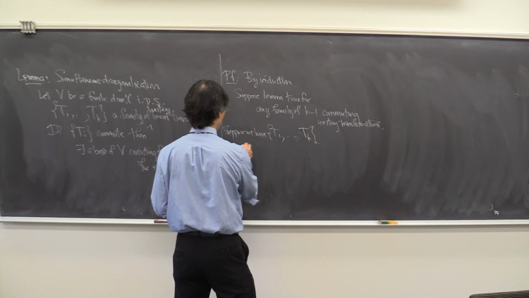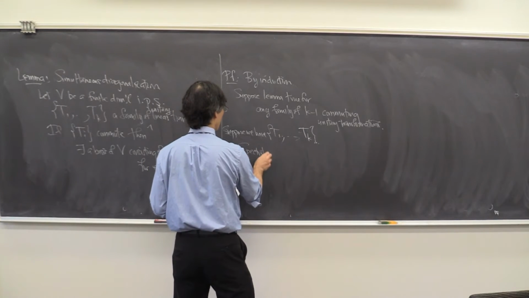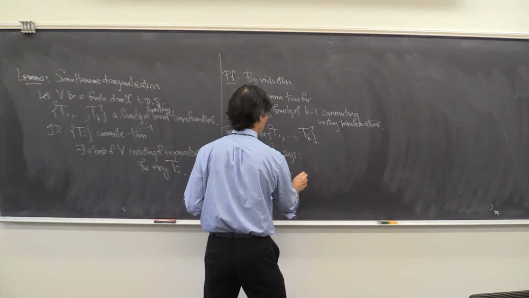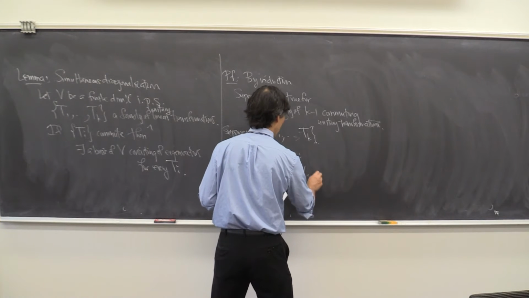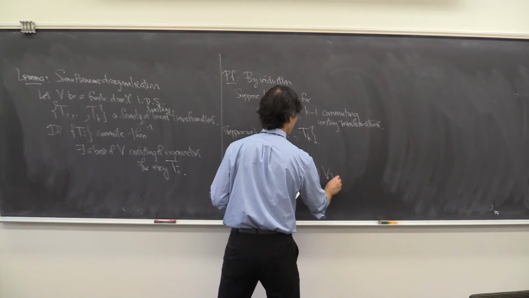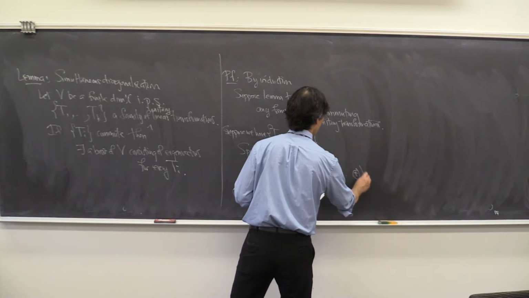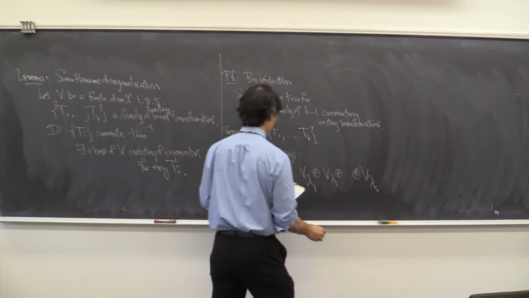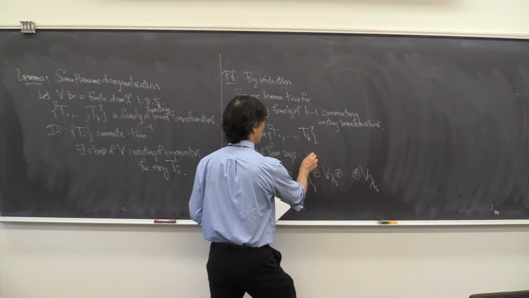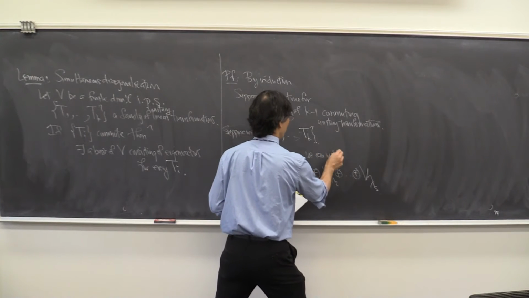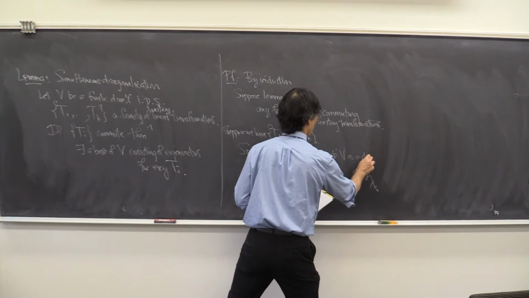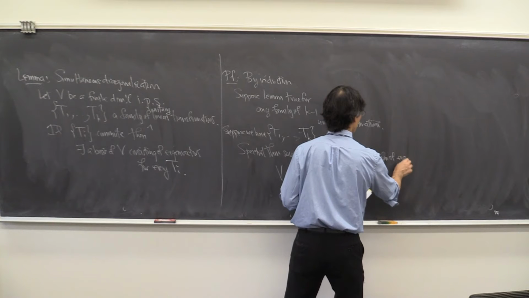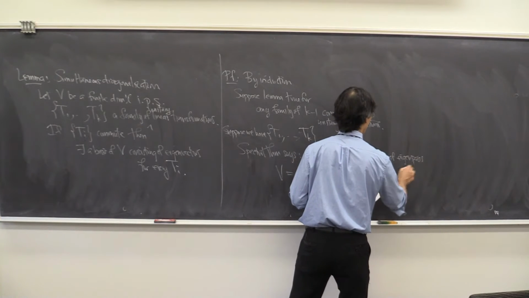Well, the spectral theorem says that we can write V as a direct sum V lambda 1 plus V lambda 2 plus and so on, of eigenspaces of Tk.